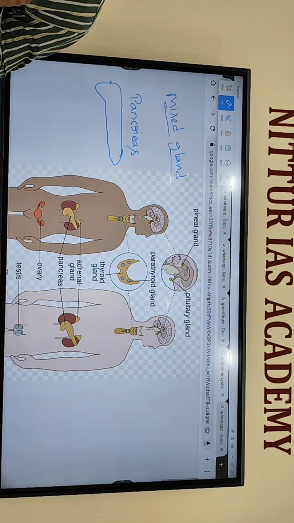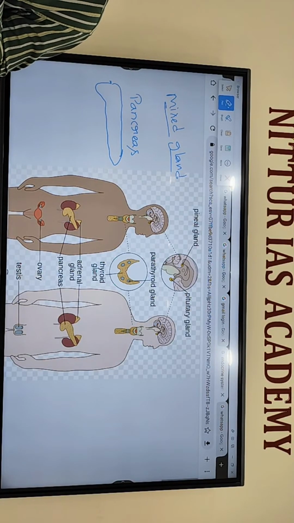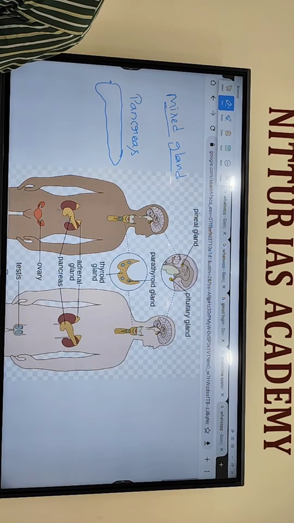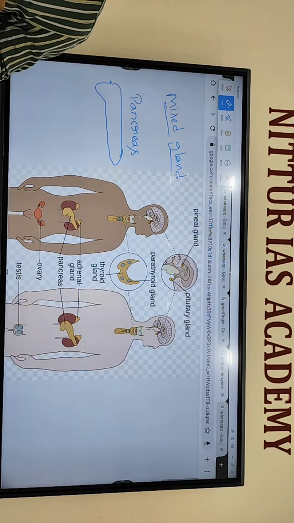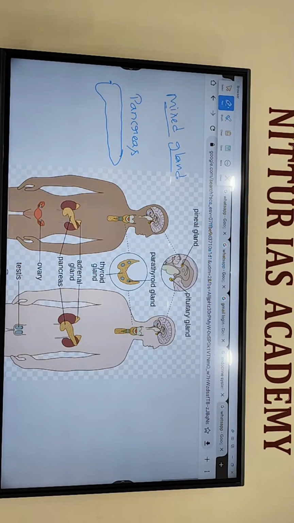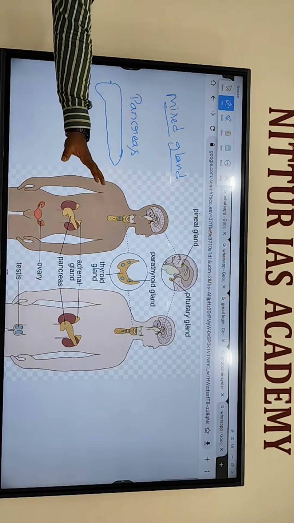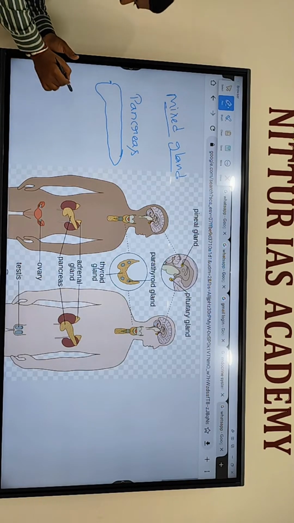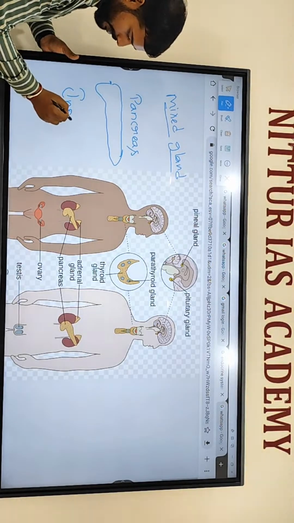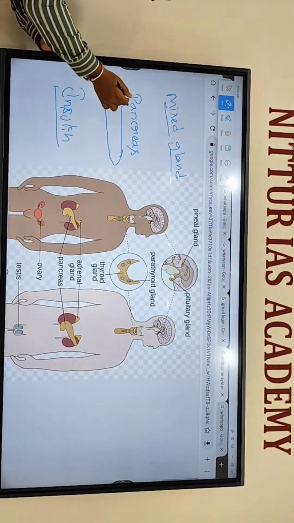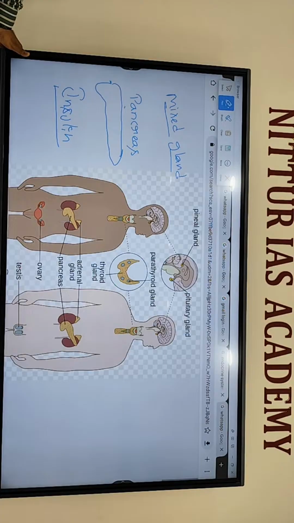It secretes pancreatic juice, a chemical which helps in digestion. During that time, it acts as an exocrine gland. Exocrine gland means one having a duct-like structure, right? But during the secretion of insulin, it acts as an endocrine gland, a ductless gland.